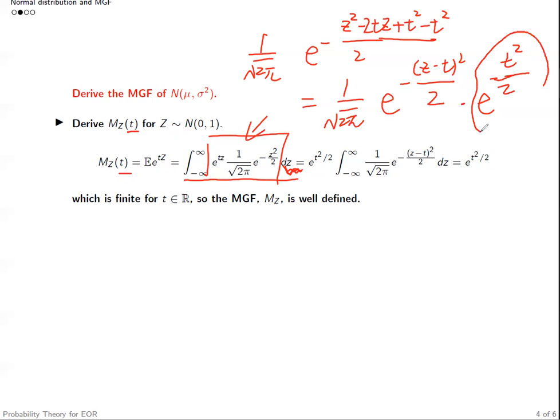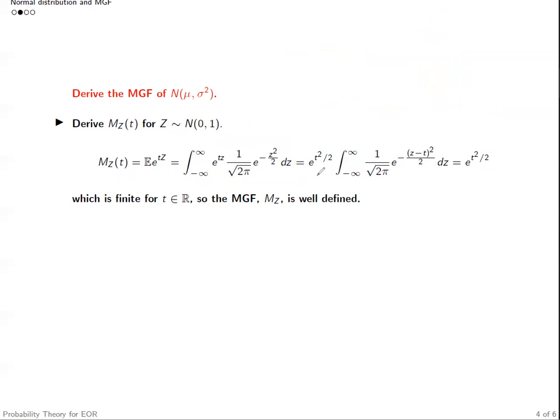This one is a constant term. This one is also a constant term. We move the constant outside the integration, and the integral value remains the same. And what's left is this term.